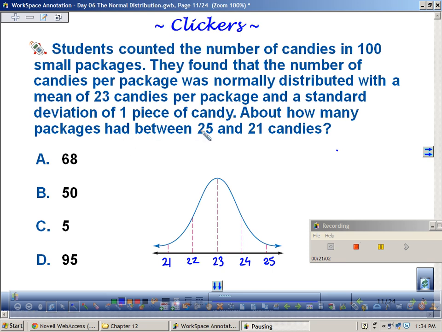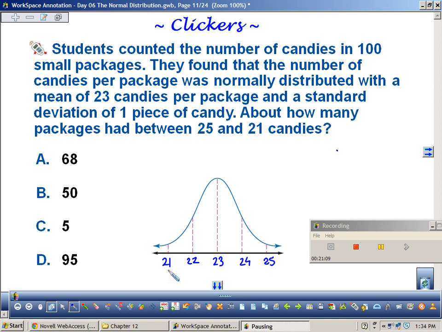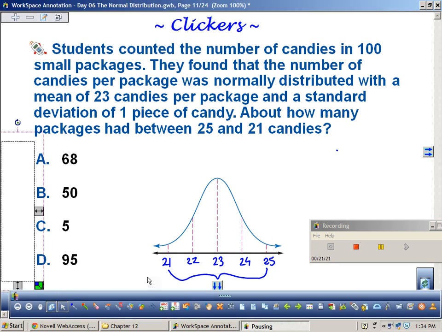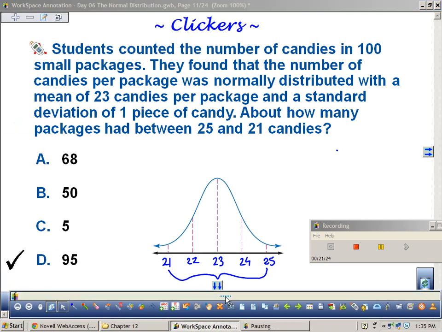About how many packages had between 25 and 21? So between 25 and 21 is not 5 packages, right? It would be 95 packages. Okay?